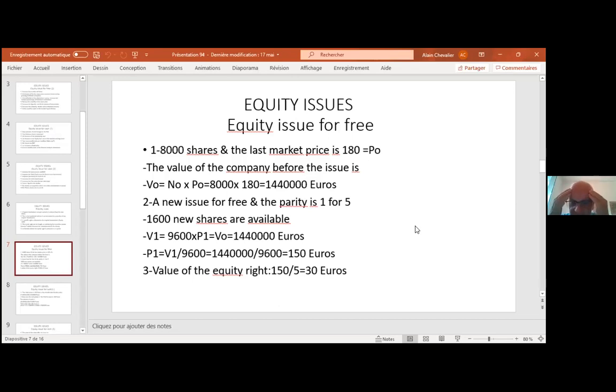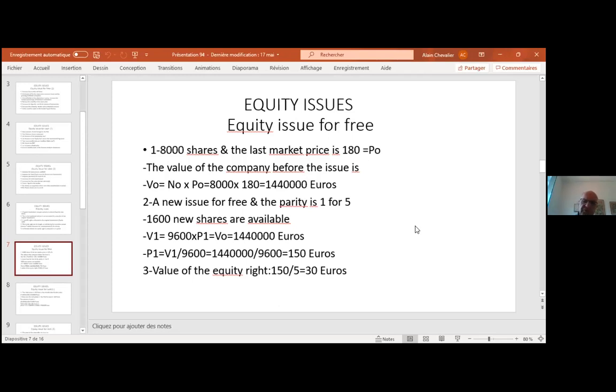It is equal to 150 divided by 5, which is equal to 30 euros. So when the financial operation is announced, you can make all these calculations. And you understand that the equilibrium value of equity rights on the market during the transition period should be around 30 euros.